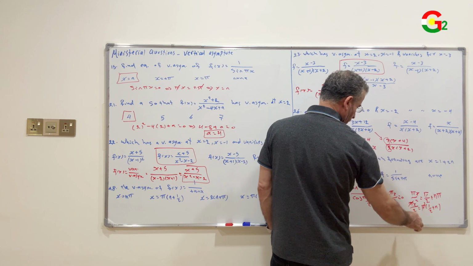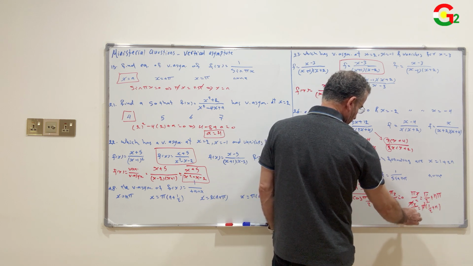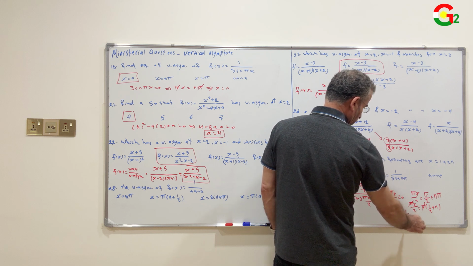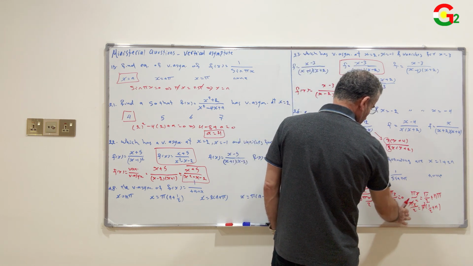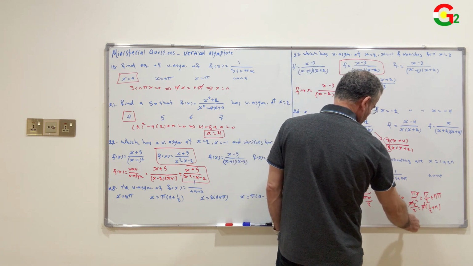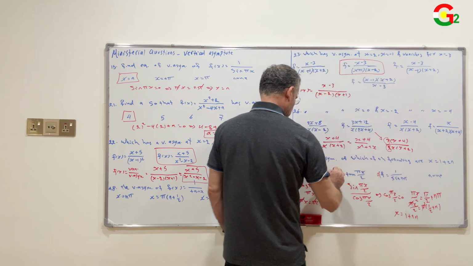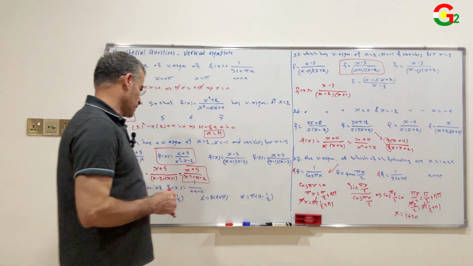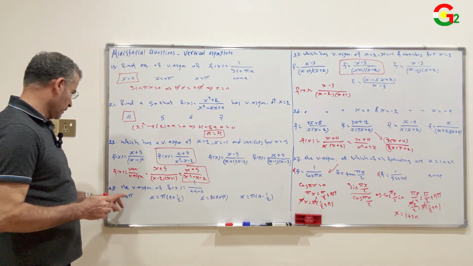Reduce pi with pi, multiply both sides by 2, then x equal 2 times 1/2, 1 plus 2n. It is the right choice. Choice B.